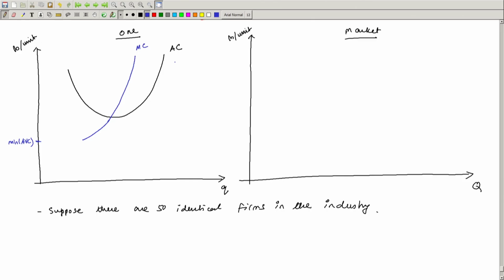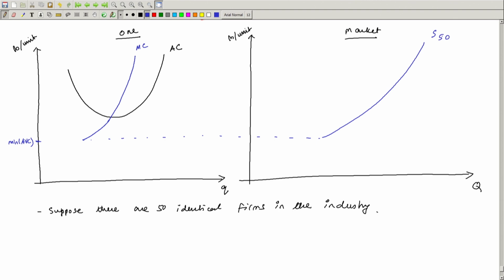So, if I wanted to draw the market supply curve of the 50 firms, what would I do? I would be aggregating these marginal cost curves. I will find out the quantity produced by each one of these 50 firms and I will scale it up by 50. So, essentially I would get a supply curve which is S50, right.